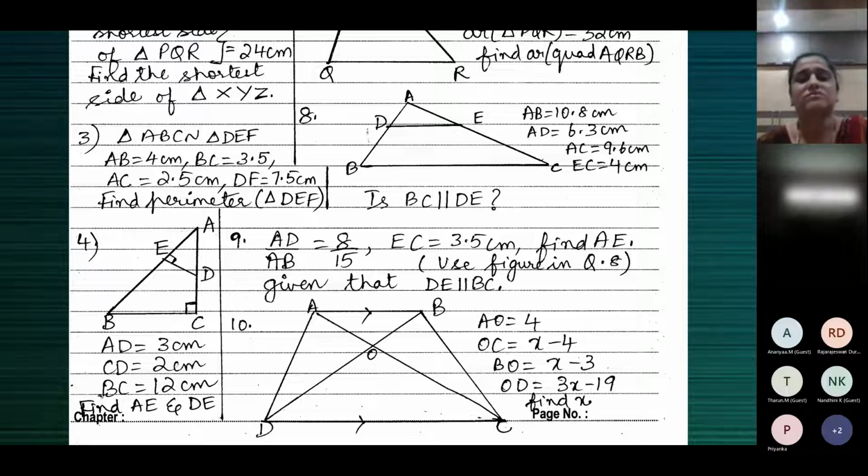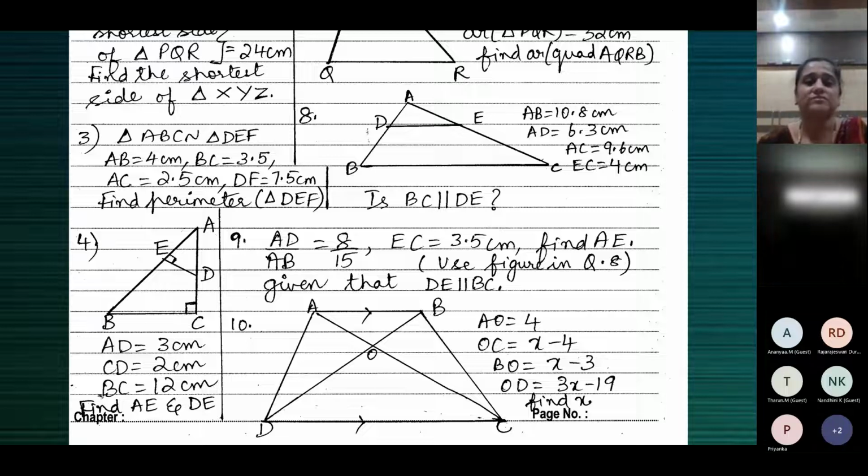What is perimeter for the triangles? The sum of the three sides.